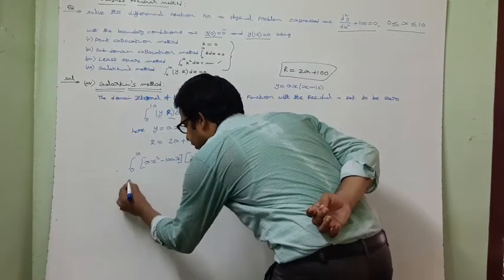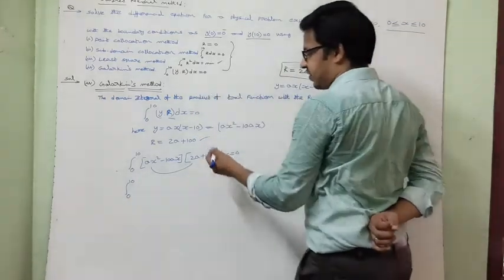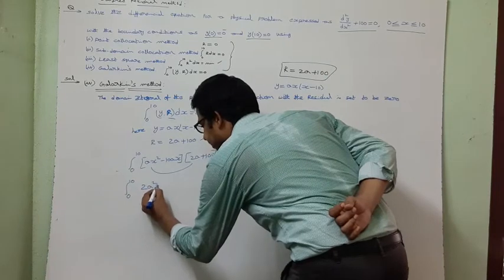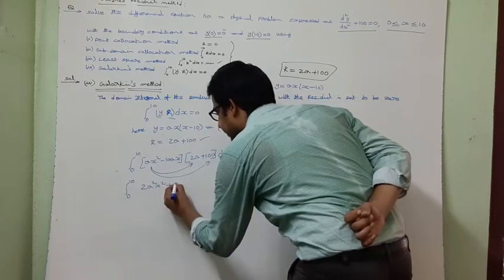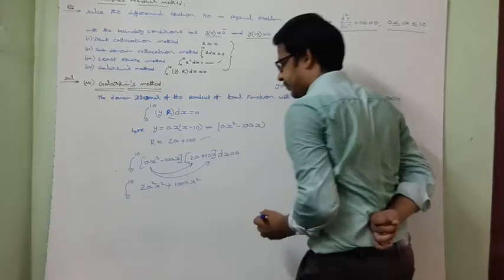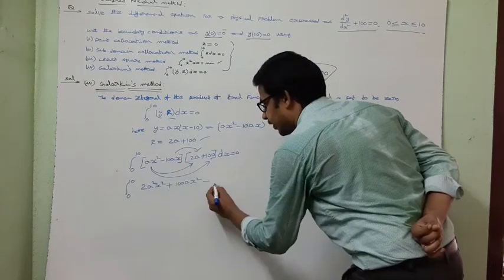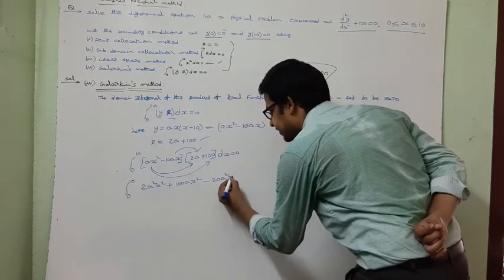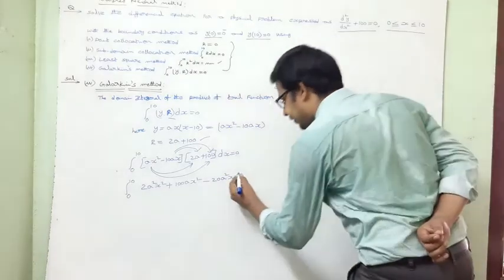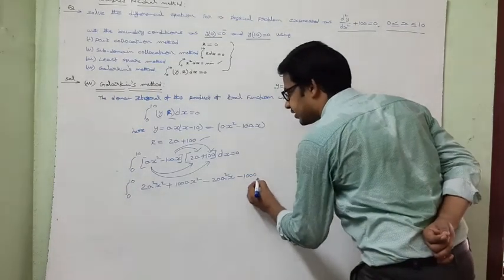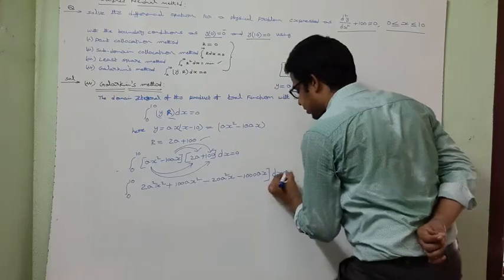Multiplying: ax square into 2a is 2a square x square, plus 100 ax square, minus 10ax into 2a is 20a square x, minus 10ax into 100 is 1000 ax, dx equal to 0.